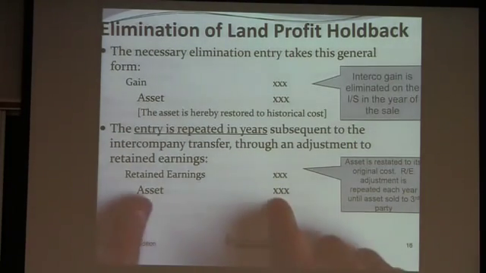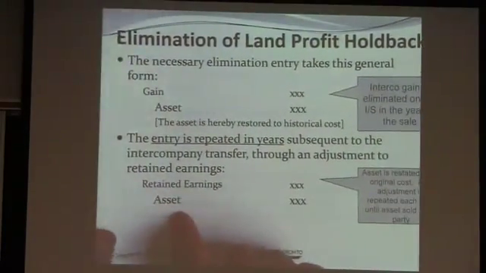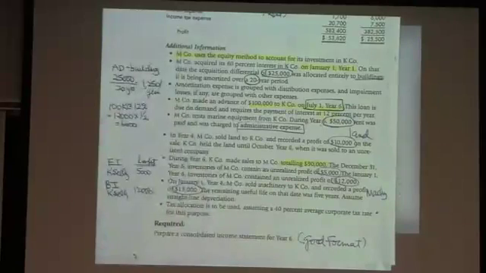Now, in this case we're going to actually realize this because we sold it to a third party. And that's essentially what we're going to do next. And of course, all of this has to be net of tax effect, right?